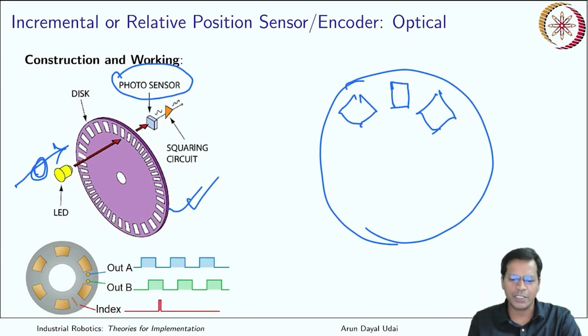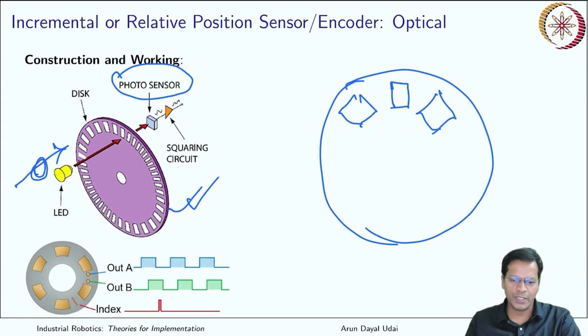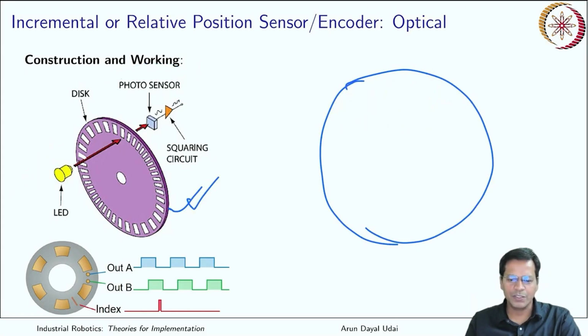Otherwise it is obstructed by the walls. The photo cell will give you a high signal when it sees a window, and when it is obstructed it will go to 0.